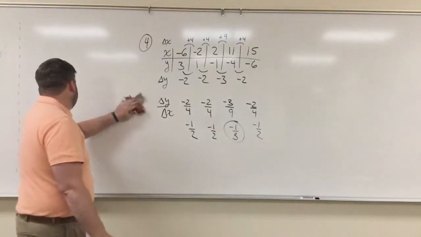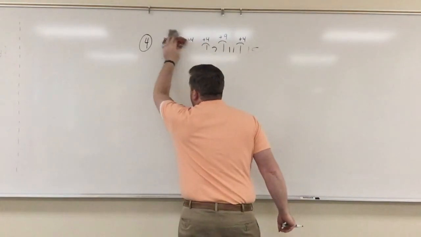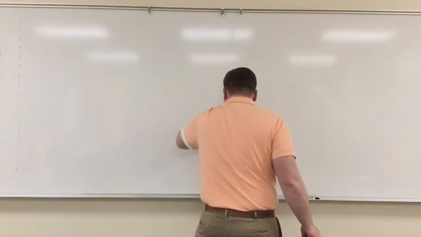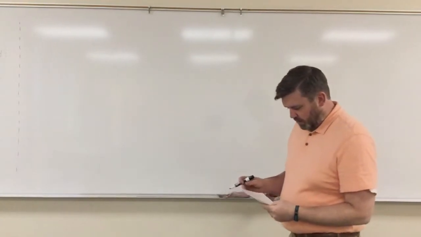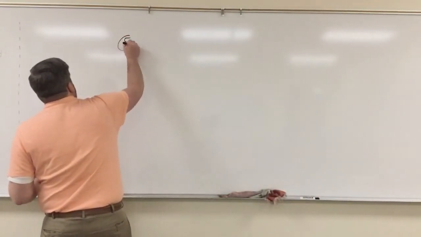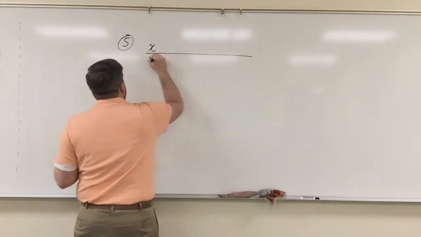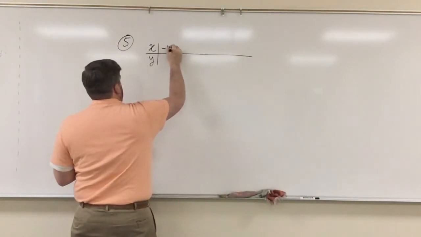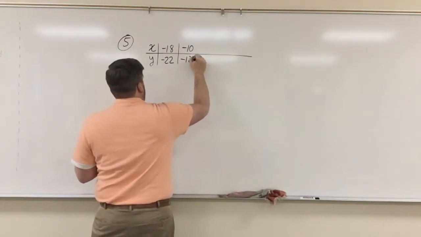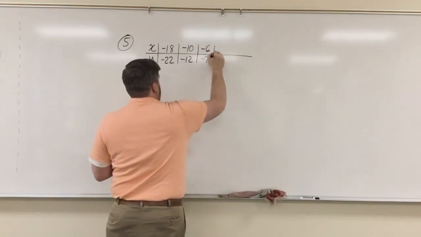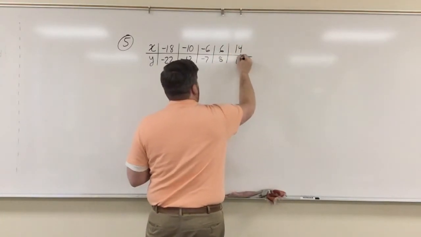All right, number 5. The last one. Negative 18, negative 22, negative 10, negative 12, negative 6, negative 7, a whole bunch of negatives here, 6, 8, and 14, 18.